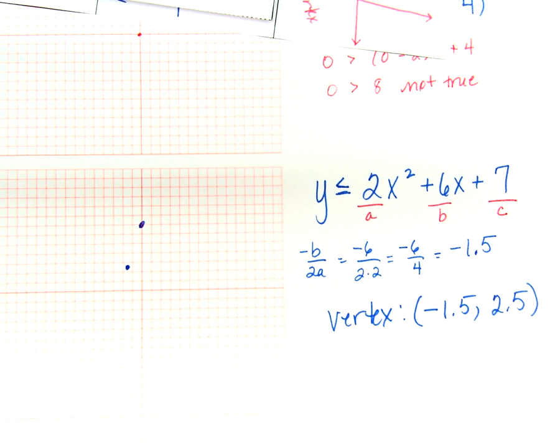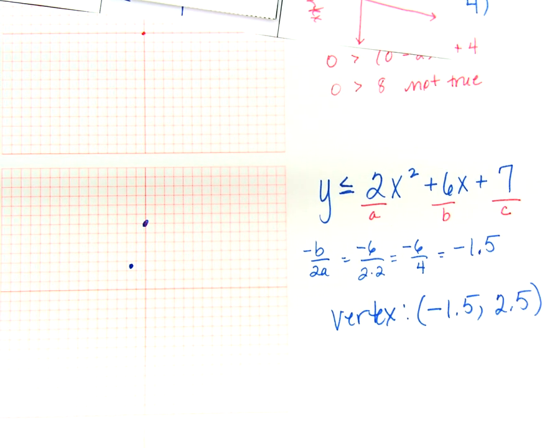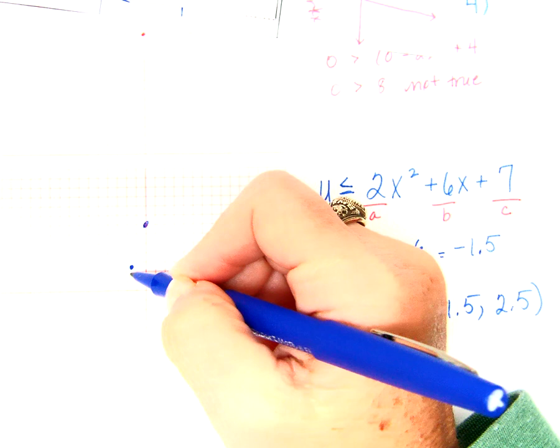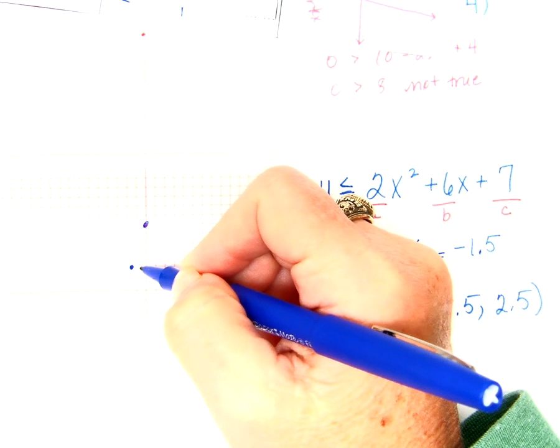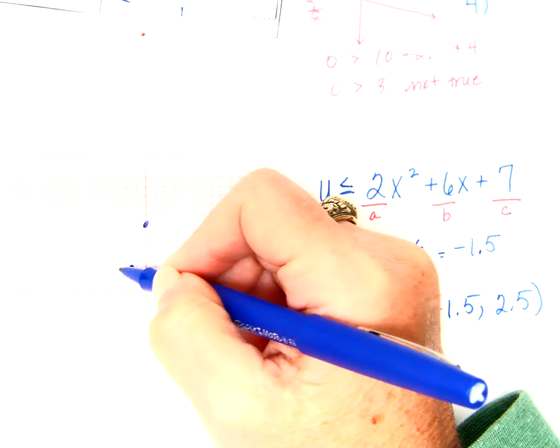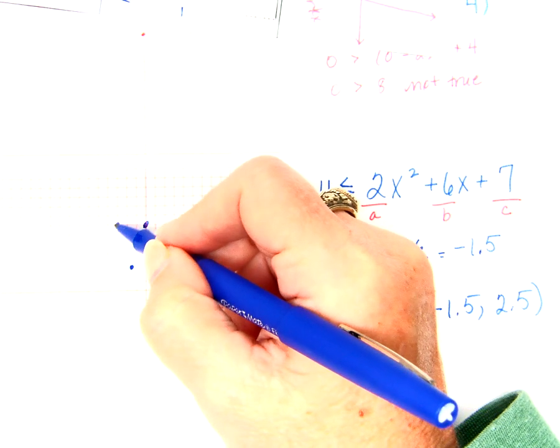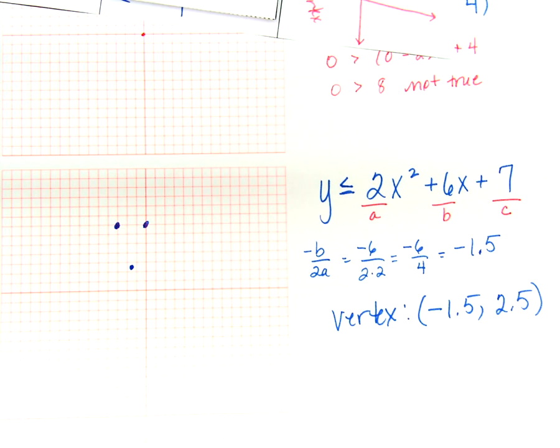And I know that parabolas are also symmetric. So if I went over 1.5 and went up 7, I could go over 1.5 and up 7, right? Does that make sense? And how many points am I required to have in order to graph my parabola? 3. Ta-da!